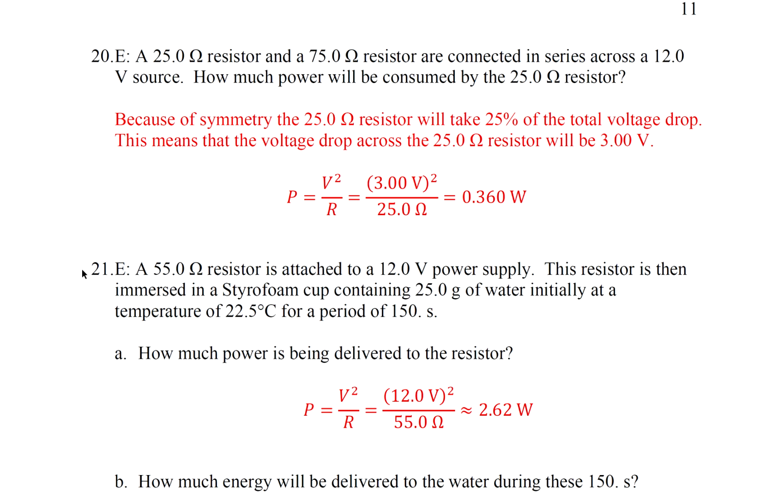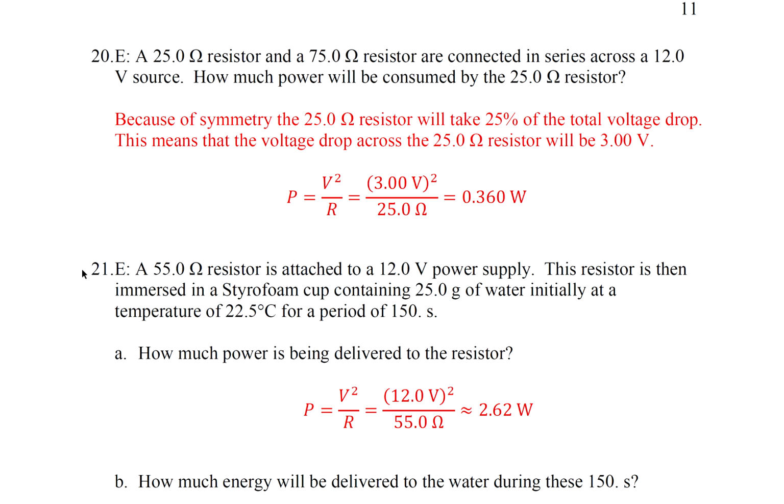The 25 ohm resistor is going to take a total of 25 divided by 100 of the voltage drop, because the total resistance is 100 ohms.